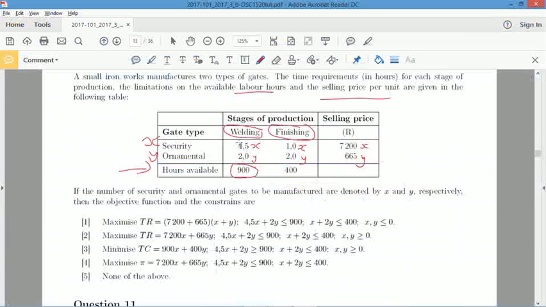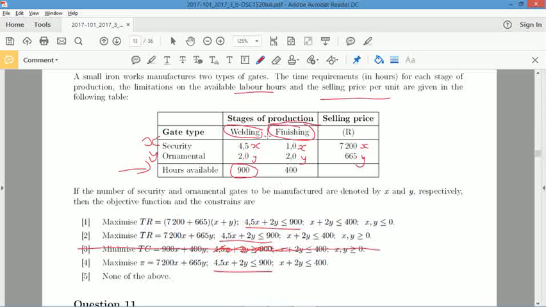That's your first equation. All right, so 4.5x plus 2y less than or equal to 900, that's a possibility. Plus 2y less than 100, that's a possibility. Plus 2y greater than, that one's out. So number 3 is out. 4.5y plus 2y less than or equal to 90, that's a possibility.